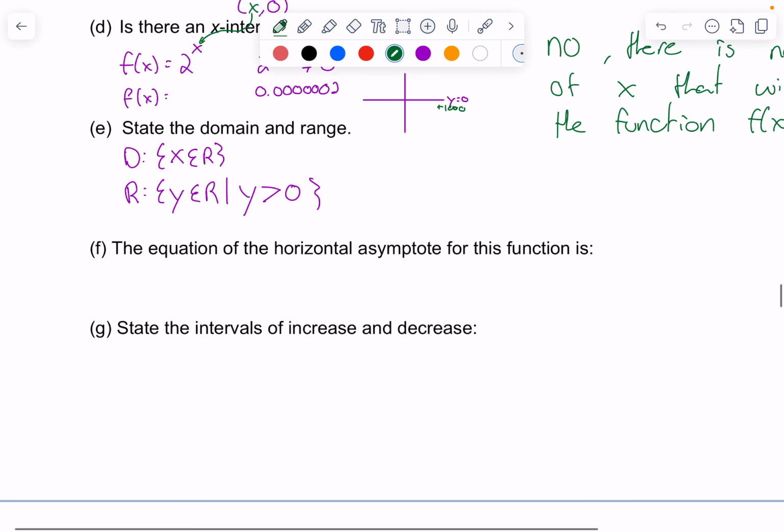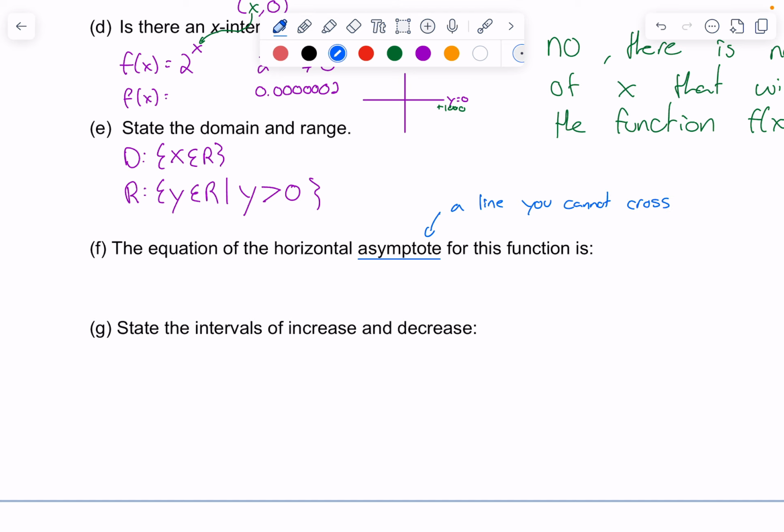So there's this new word that we use. It's called an asymptote. An asymptote is a line, kind of like how your axes of symmetry are lines, but they don't actually exist. An asymptote is a line that you cannot cross.